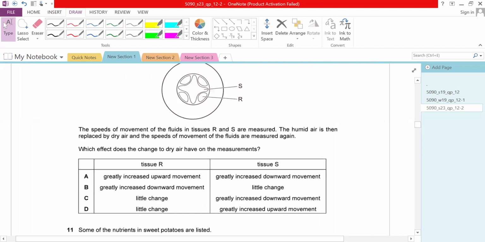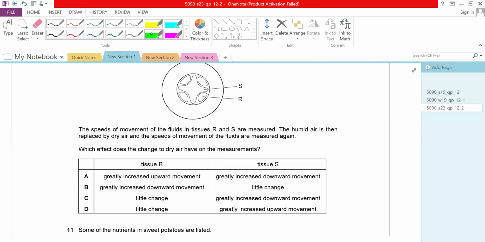Now, the speed of the movement of the fluids in R and S is measured, and the humid air is then replaced by dry air, and the speed of the movement of fluids is measured again. What effect does the change to the dry air have on the measurements?